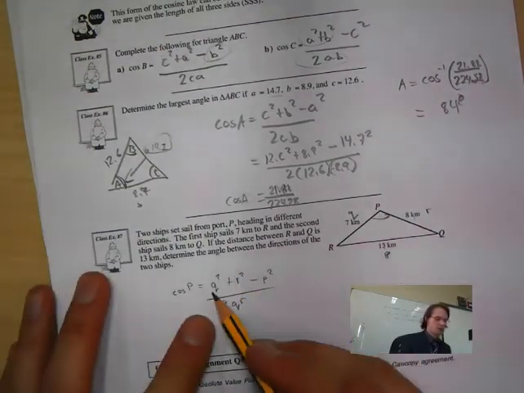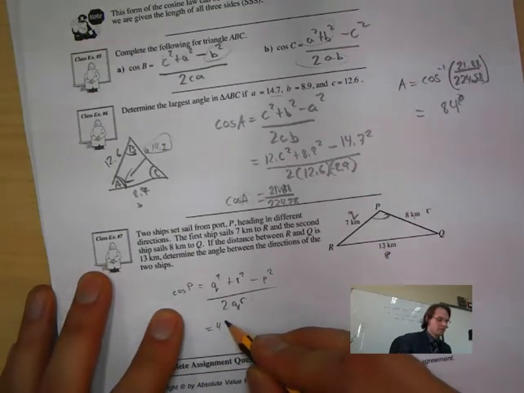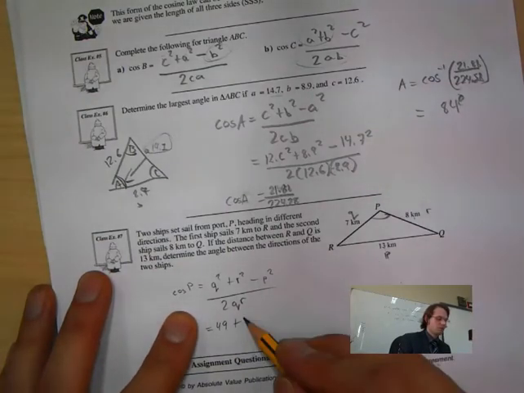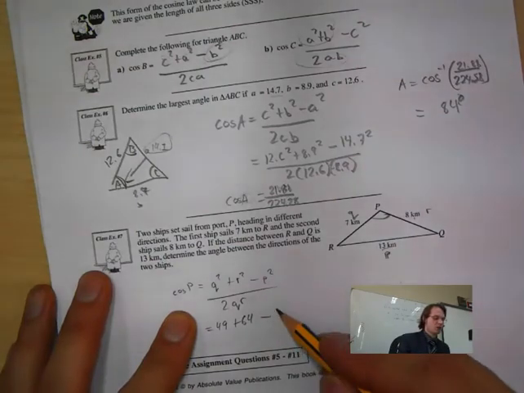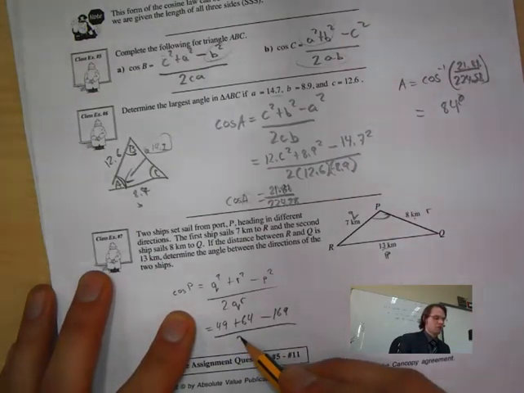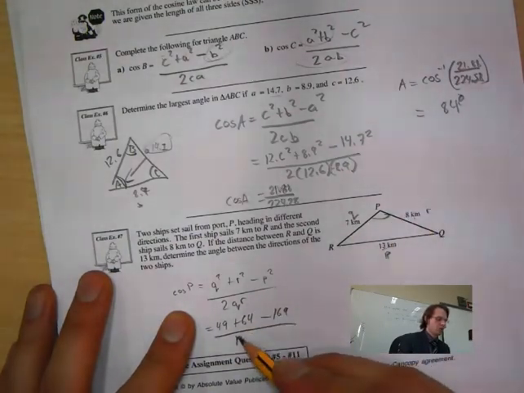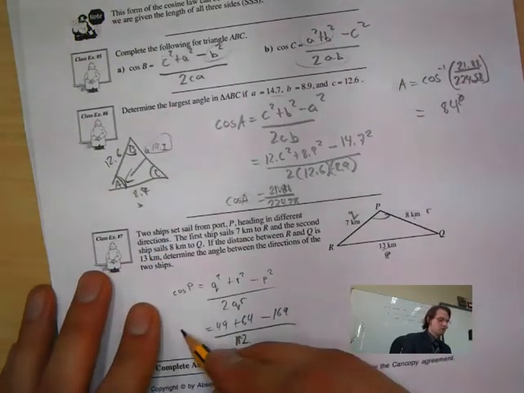Q squared is 49 plus R squared is 64. Then we subtract 13 squared, which is 169, all over 2 multiplied by 56, which is going to give me 112.